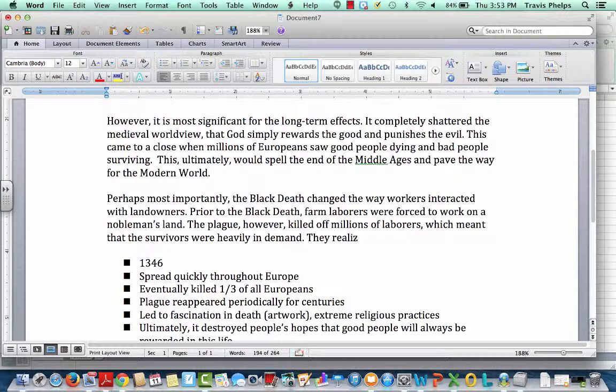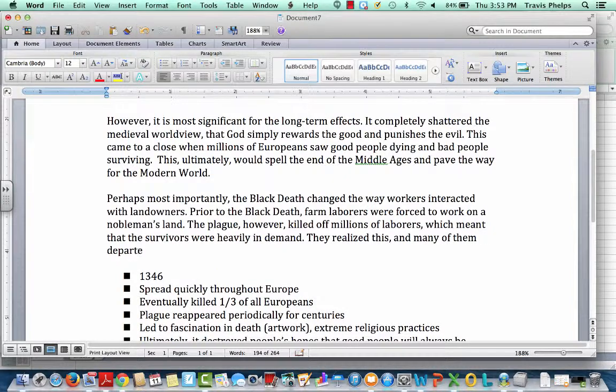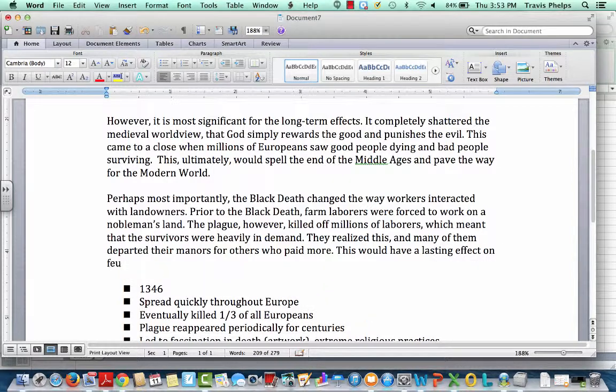They realized this, and many of them departed their manors for others who paid more. This would have a lasting effect on feudalism, because now workers had much more power and authority.